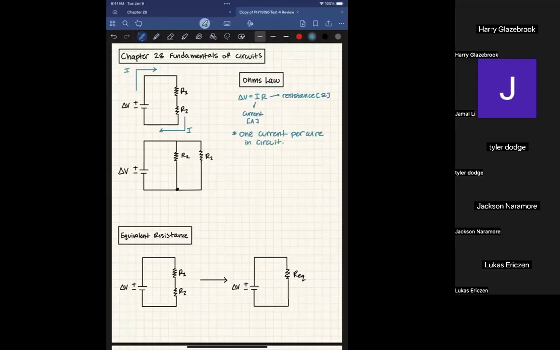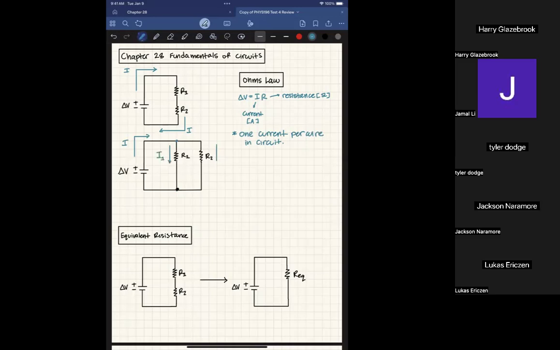Now on the circuit on bottom, I'm going to do the same thing, but you'll see what happens if we do have a junction. So I'm going to start at this positive end right here. My current's flowing out. But then when I reach this junction here, your current splits off. So let's say it splits into current I1 and I2.